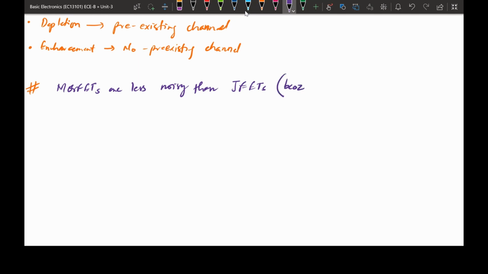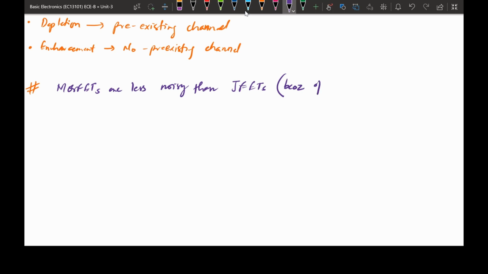Because in MOSFETs we have 4 terminals. MOSFET is a 4 terminal device, but JFET is a 3 terminal device. So in JFET there is no body, but in MOSFET we have a body terminal, or the substrate terminal, and that is connected to ground. So there is less chance of noise in case of MOSFETs.